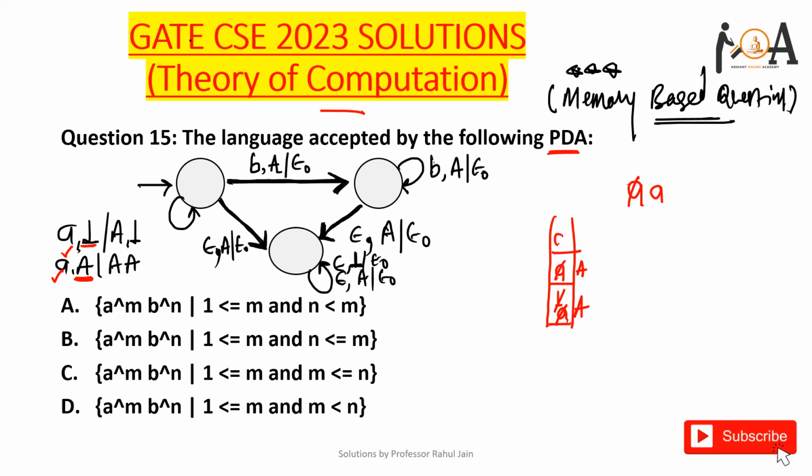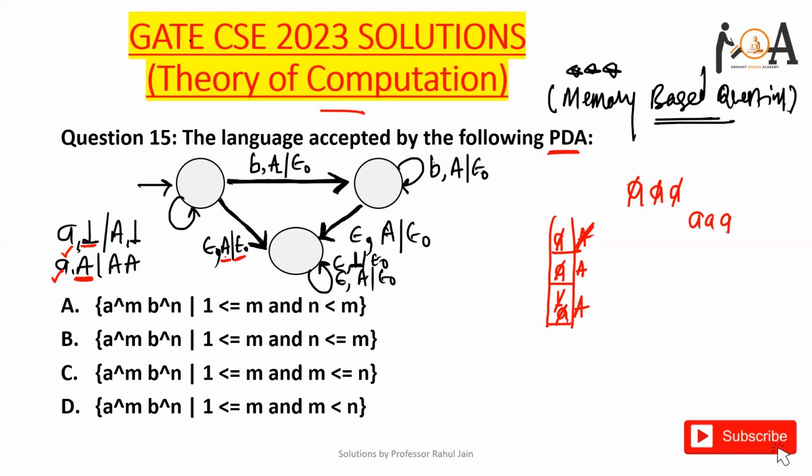Again, similarly, if I have three a's, I can replace these three a's with the help of capital A. Now if we have capital A on the top of the stack, and right now we only have triple A's like this, then with the empty symbol I can make it empty.